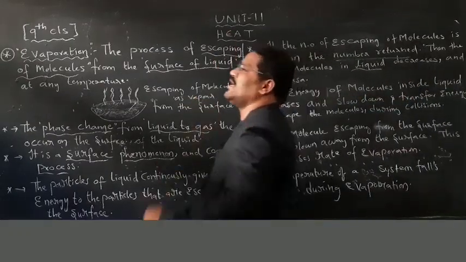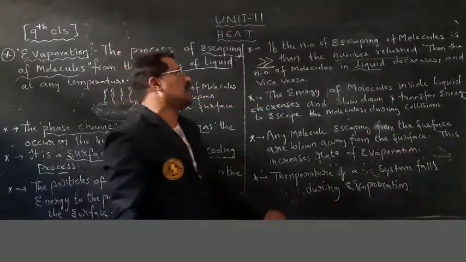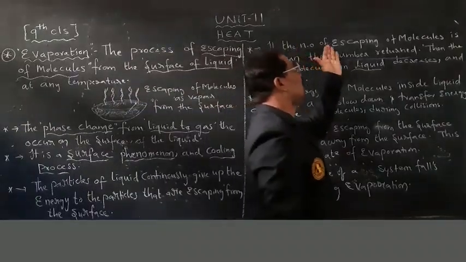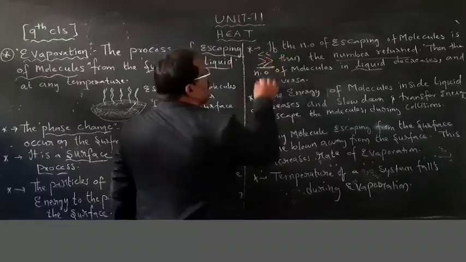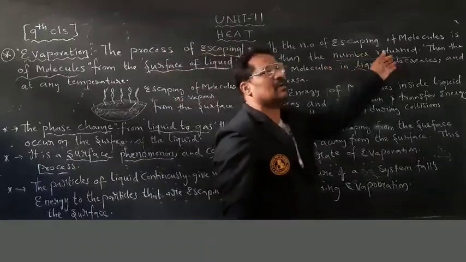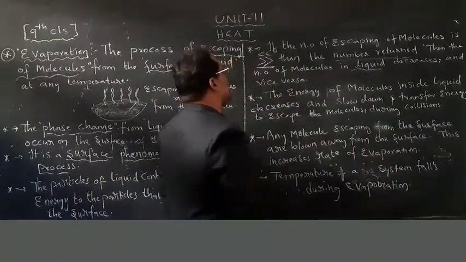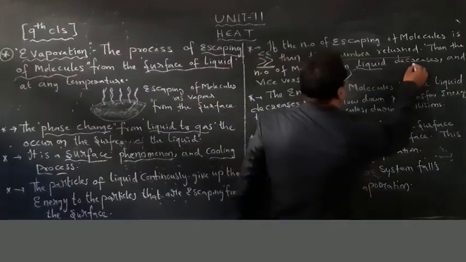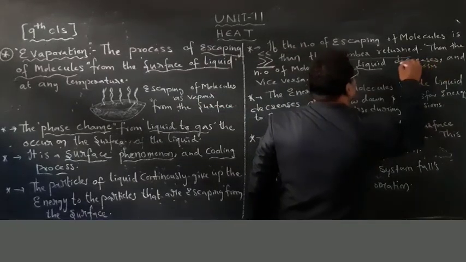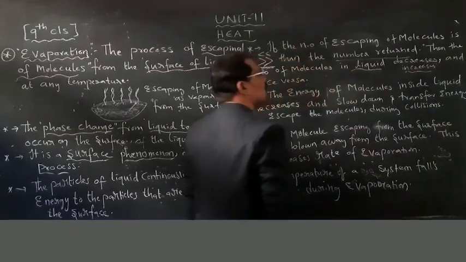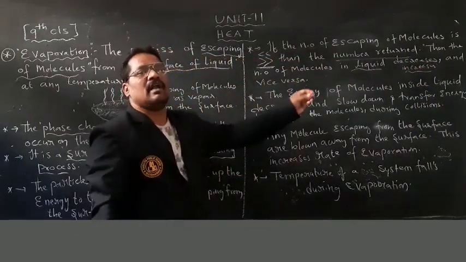And if you go vice versa, what is that? If the number of escaping molecules is less than the number of molecules returned to the liquid, then what happens? The number of molecules will gradually increase. In the bowl, there will be a maximum quantity of liquid.